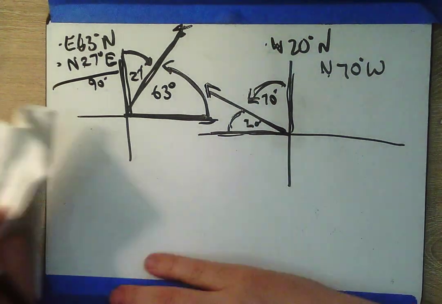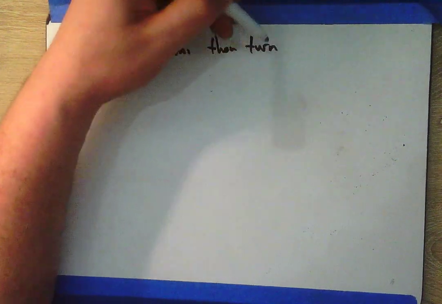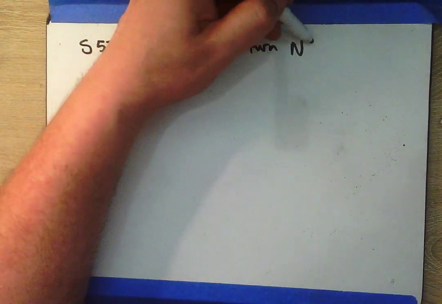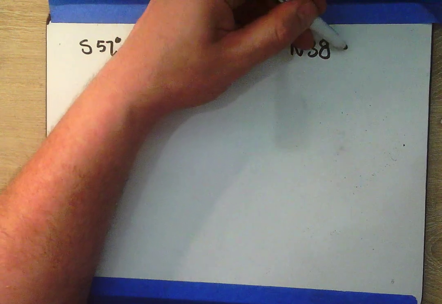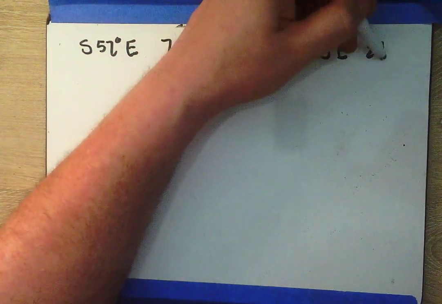Okay, so how does this come into our math class, these bearings? Well, the bearing problem sounds like this. You head south 52 degrees east for 7 miles, then turn north 38 degrees east for 24 miles.